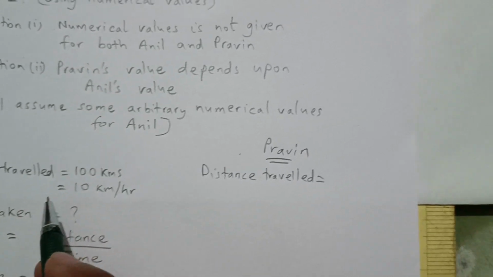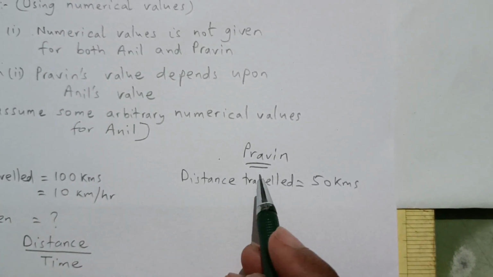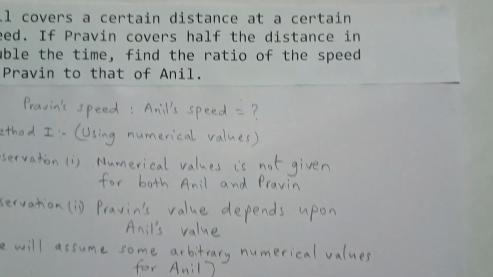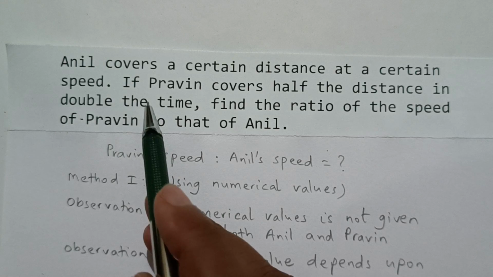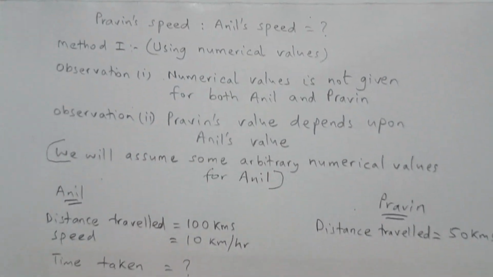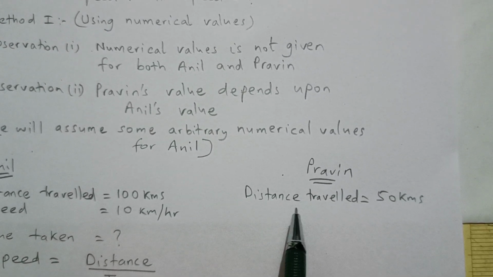Half of 100 is 50, so Praveen has covered a distance of 50 kilometers.